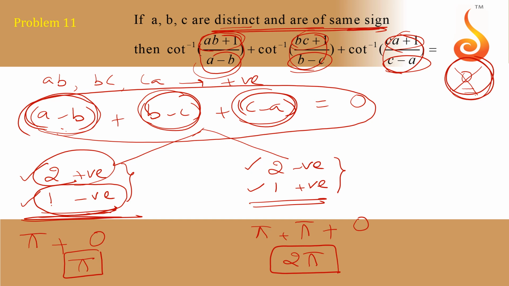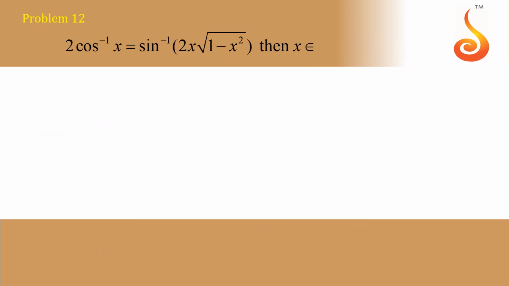Let us go to the next problem. Okay, problem number 12. 2 cos inverse x is equal to sin inverse 2x root 1 minus x square. Then x belongs to? So on the left side you have 2 cos inverse x and on the right side you have sin inverse 2x root 1 minus x square.